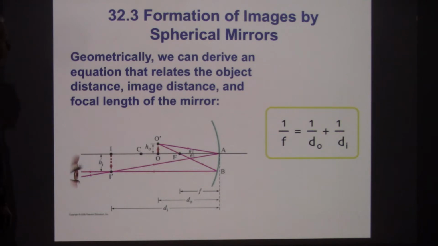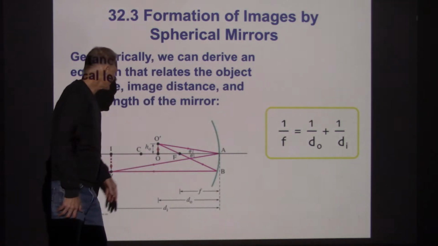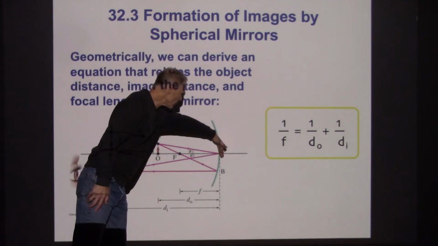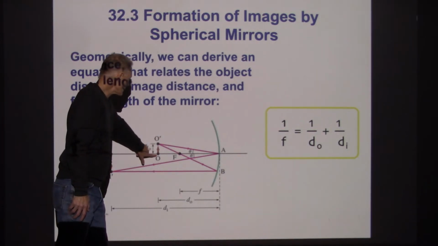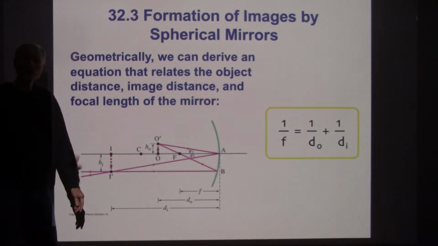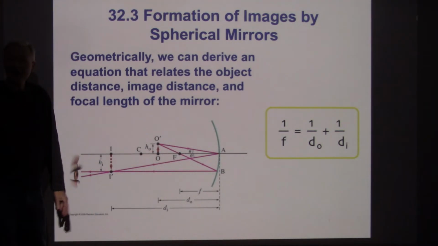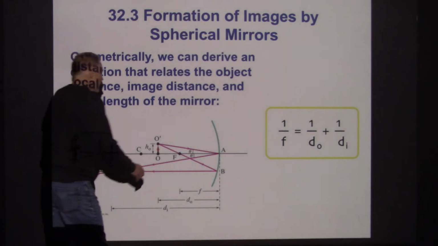Now, what about the DOs and the DIs? Well, the DO is positive. The DO is measured from the surface of the mirror out to where the object is located. But the image in this case is also positive. Now, how do I decide positive signs on DOs and DIs?